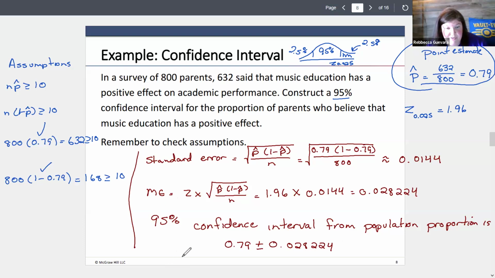If we subtract, that gives me an interval that goes between 0.761776 less than or equal to p, because we're looking for a population proportion, and on the other side, less than 0.818224. So what we expect is that we're 95% confident that the population proportion of parents who believe that music education had a positive effect is somewhere between roughly 76% and 82%.